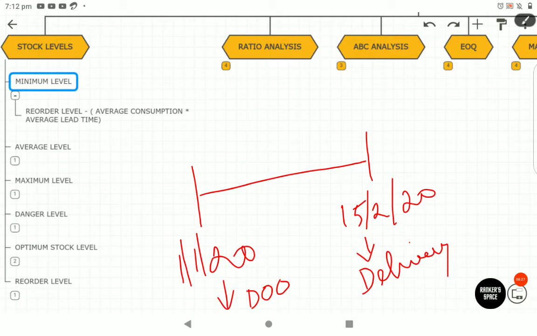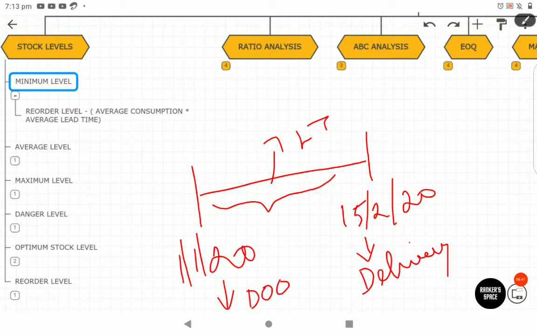The time from the date of ordering till the time the order gets delivered, the time between these two dates, is called your lead time.